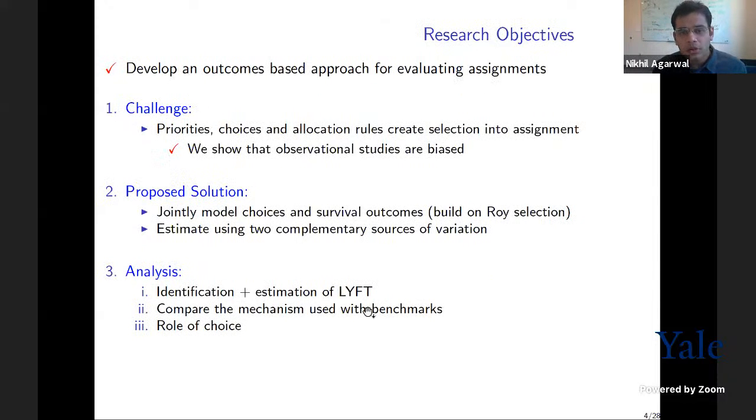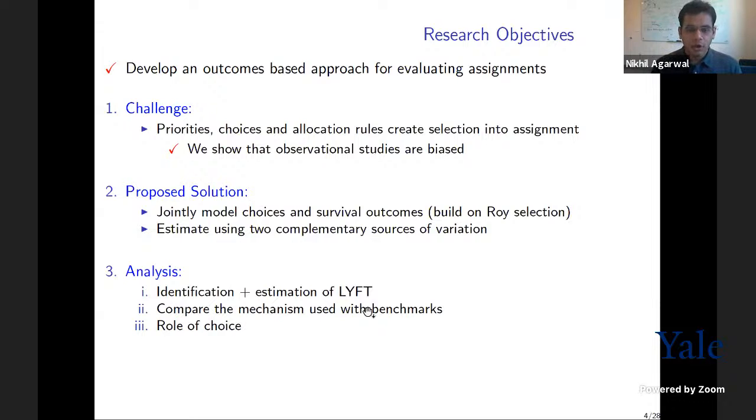So in this paper, we're going to develop an outcomes-based approach for evaluating assignments, and we'll apply it to this particular context. And the challenge here that we need to solve is that the priorities in the system, the choices that patients make, and the allocation rules themselves will create selection into who gets a transplant and what kinds of transplants they're going to get. Okay, and these specific reasons for selection may create biases that would confound observational studies.